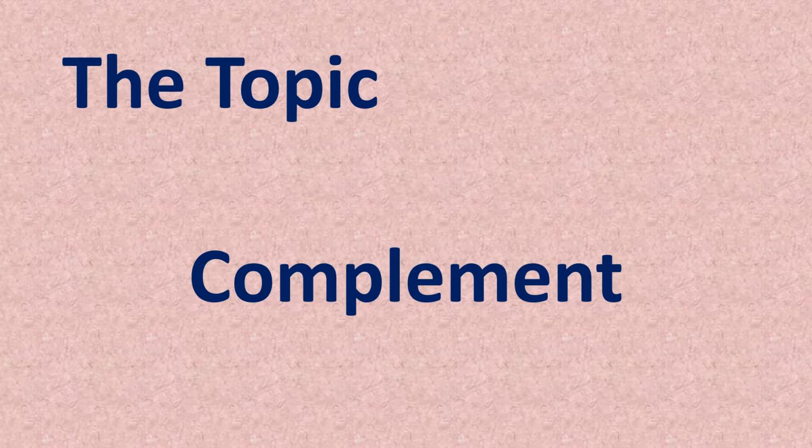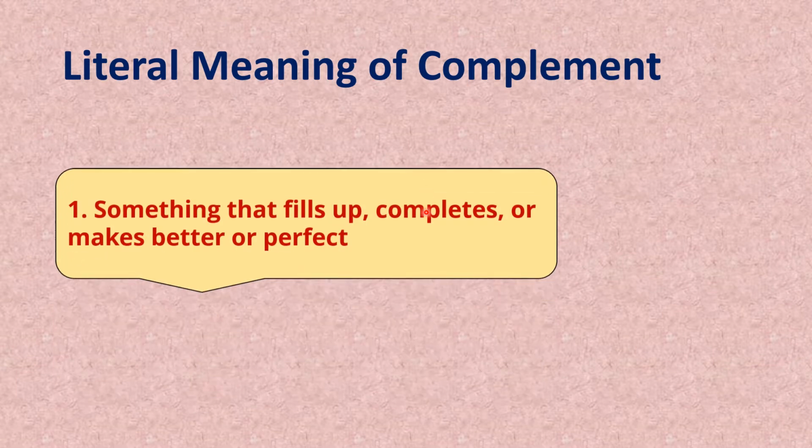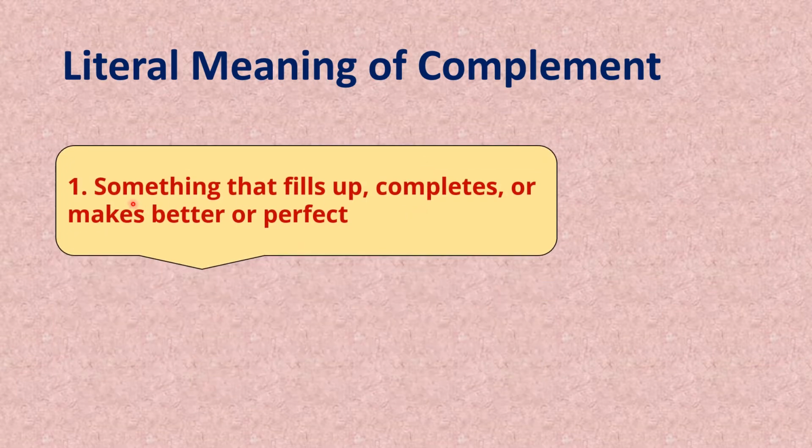We shall talk about the concept of complements in English grammar. Let me first tell you about the literal meaning of complement. Complement in English grammar is something that fills up, completes, or makes better or perfect.